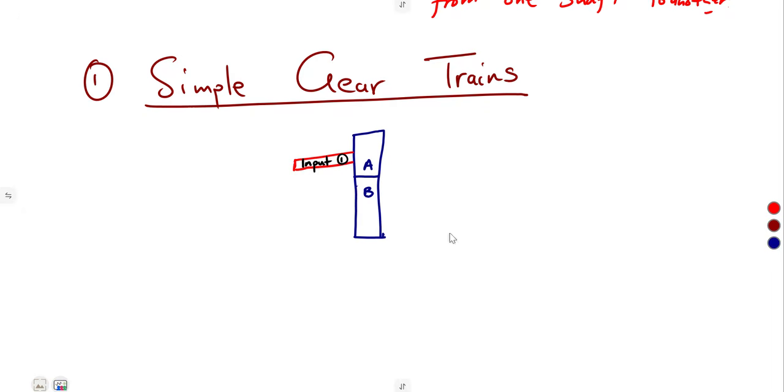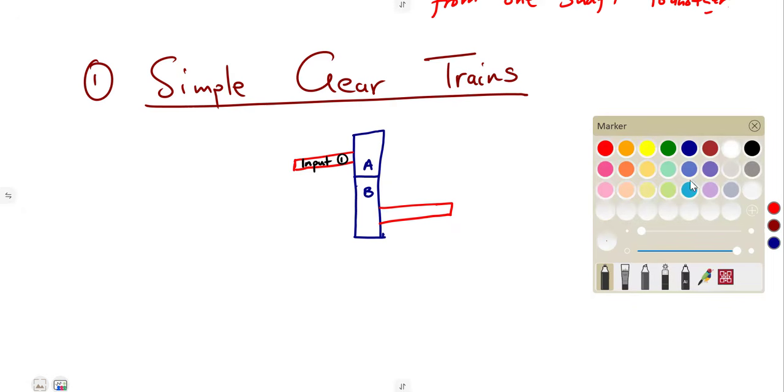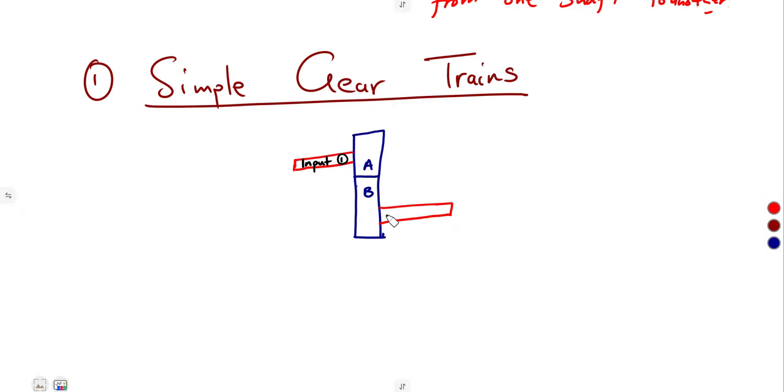So the input is 1, and B is connected to the output, which is 2. When we consider this, we must be very, very careful, guys, because we are going to refer in our calculations to the inertia.